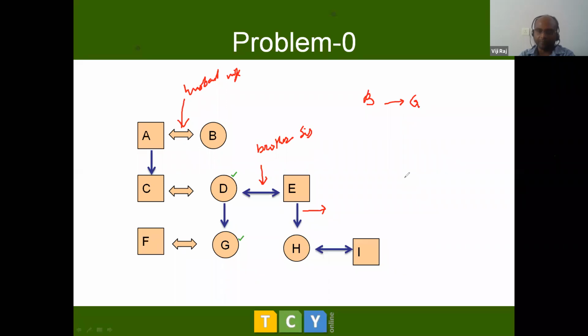It is paternal grandmother, because C is D's father, who is the son of B. It is not maternal grandmother, it is paternal grandmother. Okay.